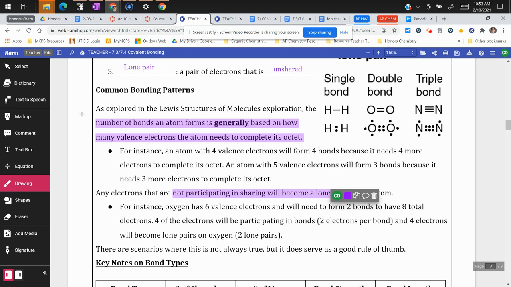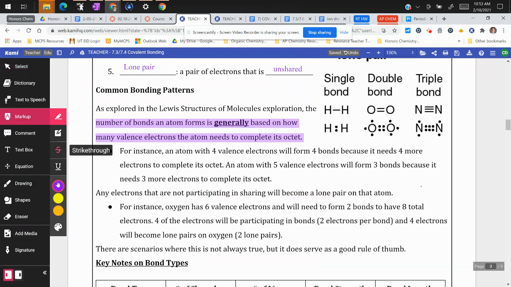For instance, atoms with 4 valence electrons will form 4 bonds because they need 4 more electrons to complete the octet. An atom with 5 valence electrons will form 3 bonds because it needs 3 more electrons to complete its octet. Any electron that is not participating in sharing is going to be a lone pair on that atom.